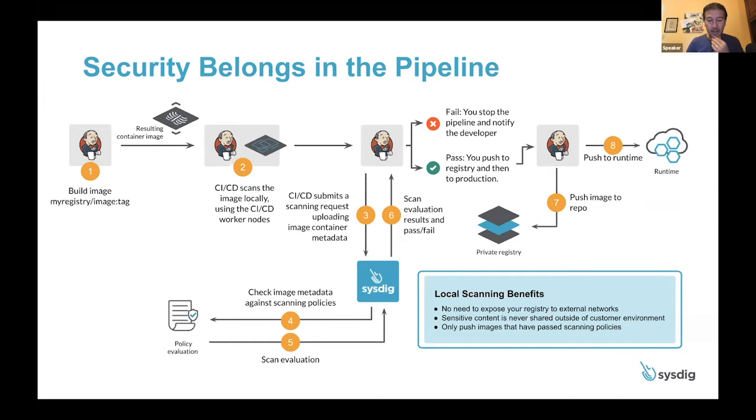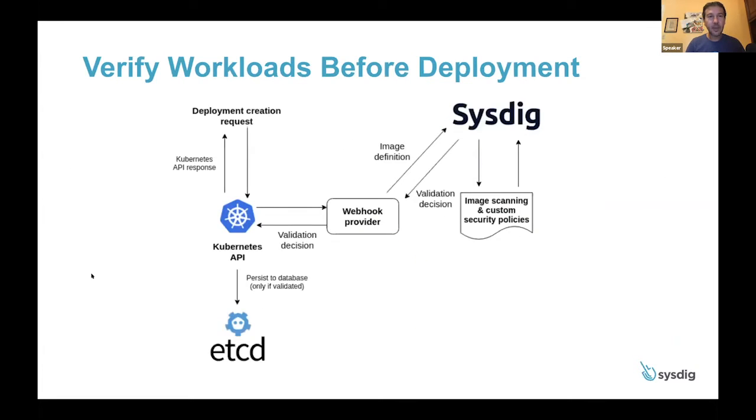But we also want to be diligent in continuing to look at our images as they sit in a registry and as they are deployed, so that we can prevent them from running or block them if they're already running when we discover something new.